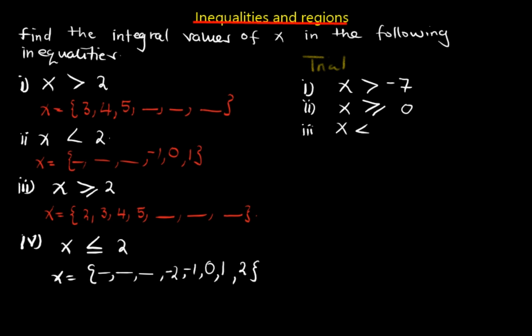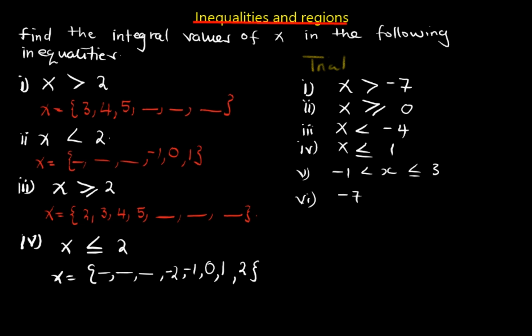Roman numeral 3. x is less than negative 4. Roman numeral 4. x is less than or equal to 1. Roman numeral 5. Negative 1 is less than x, but x itself is less than or equal to 3. Roman numeral 6.